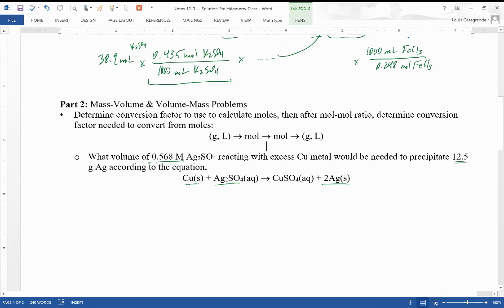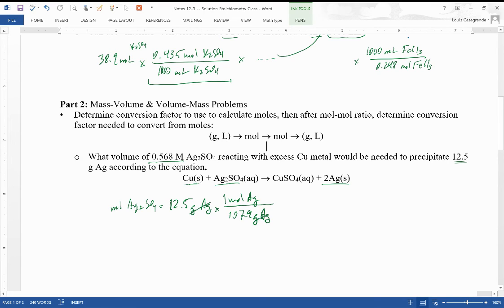So let's start off that the milliliters of the silver sulfate solution is going to start with 12.5 grams of silver. And we're going to convert using molar mass, 1 mole of silver and 107.9 grams of silver.